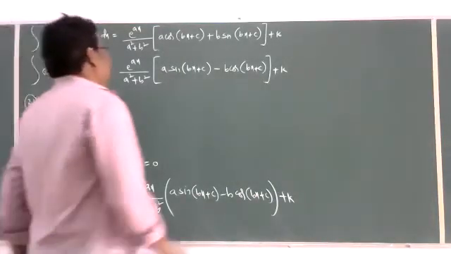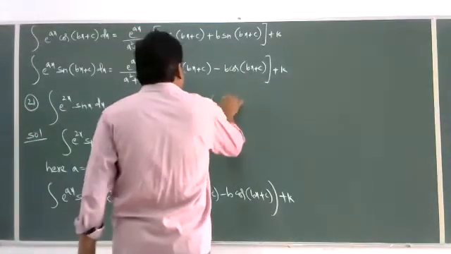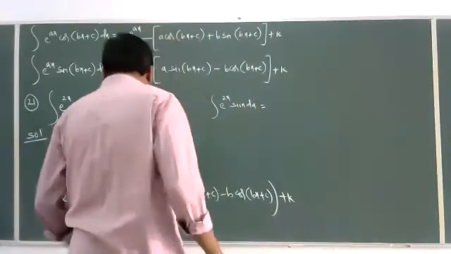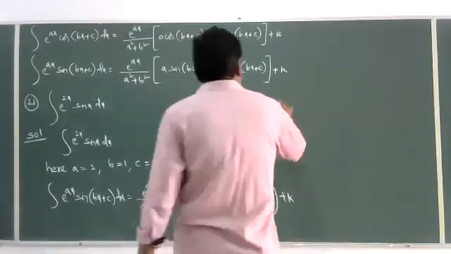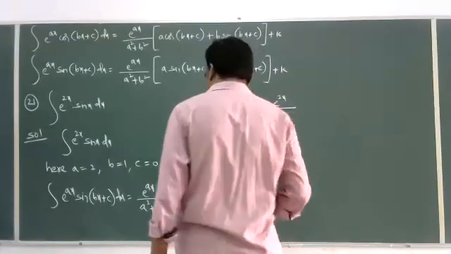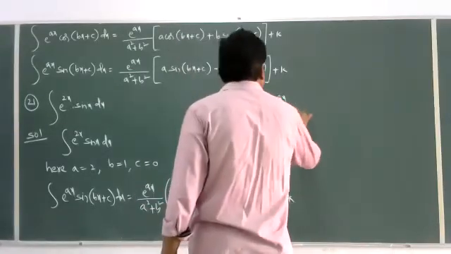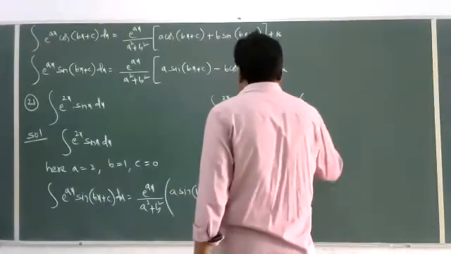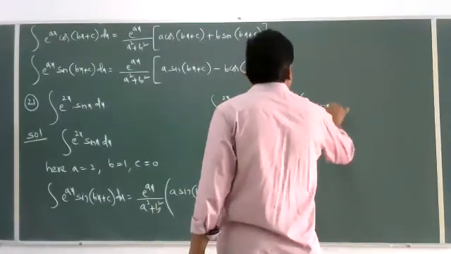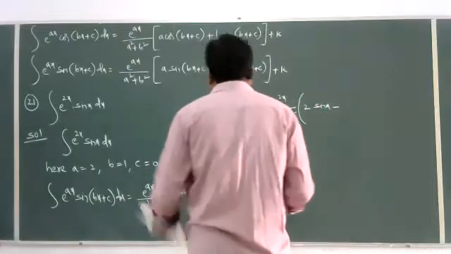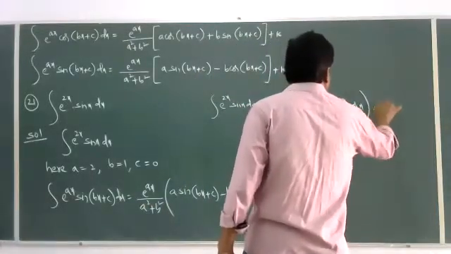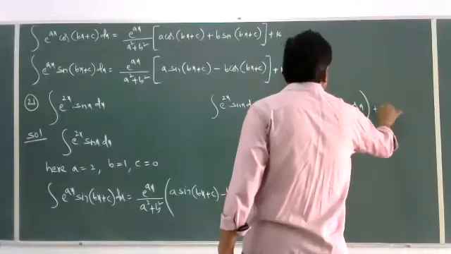Then directly write the answer. Integral e power 2x into sin x dx is equal to e power 2x by 2 square plus 1 square into, a is what? 2 here. 2 sin x minus b, what is b? 1 here. 1 into cos x plus an arbitrary constant, you write c or k.